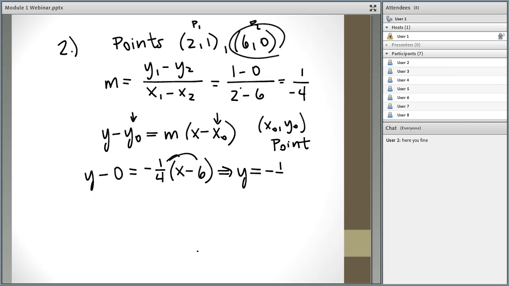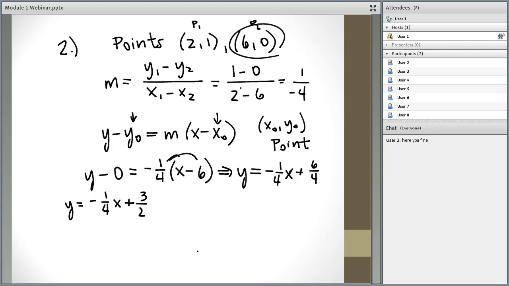So I would have negative 1/4 x, and then the negative negative becomes positive 6/4, which we could simplify down to 3/2, and I'll do that in the next step. So we have y equals negative 1/4 x plus 3/2.